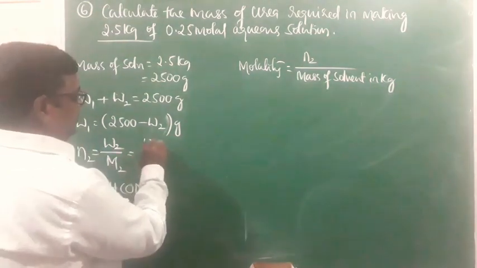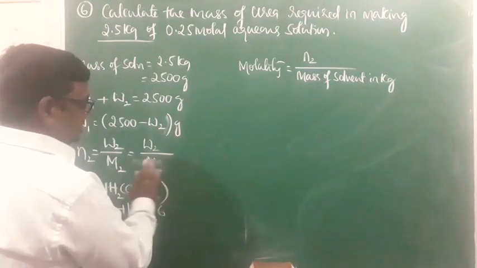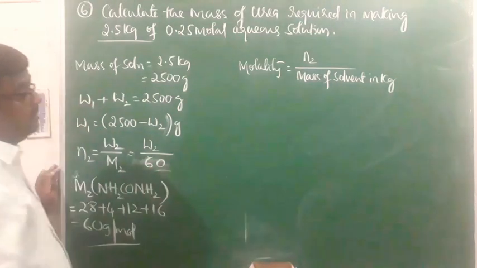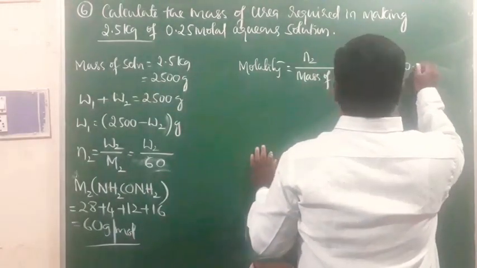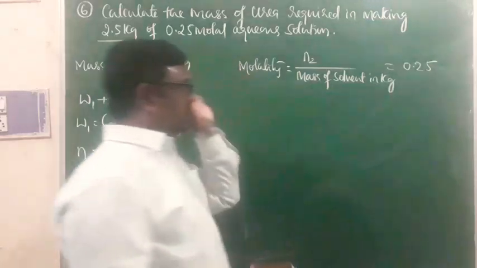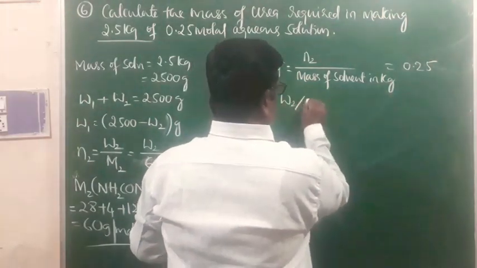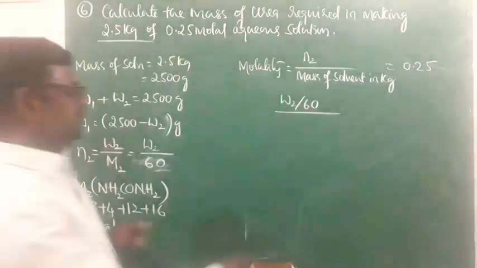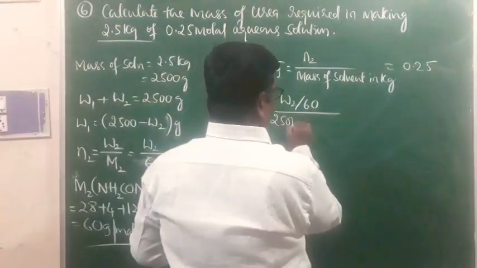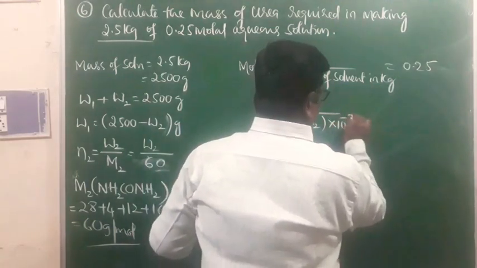Mass of solute W2 is to be calculated, and of course the molar mass is 60 there. They have given the molality themselves: molality is equal to 0.25 molal. Then substitute: W2 by 60, whole divided by mass of solvent, that is 2500 minus W2, into 10 to the power of minus 3.